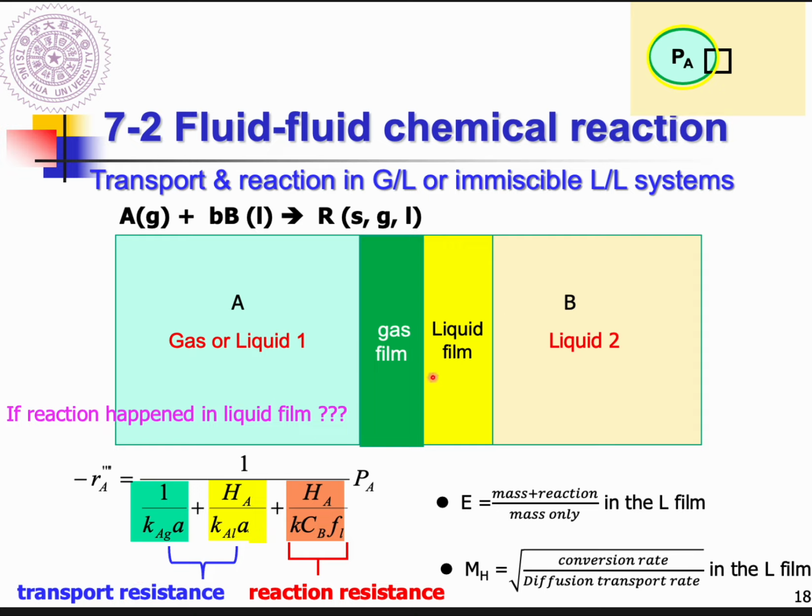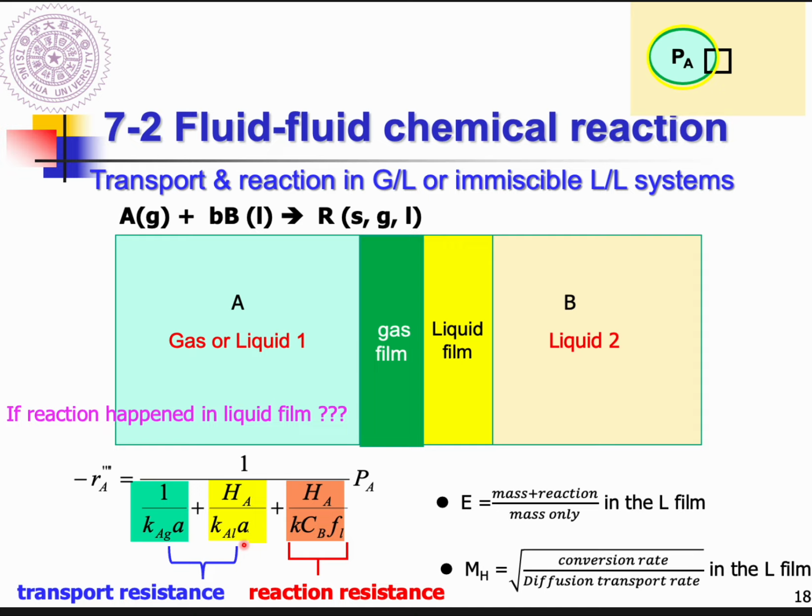So as long as there's a chemical reaction happening in the liquid film, which implies that the resistance of the liquid film is not only transport, right? You need to consider the reaction part.